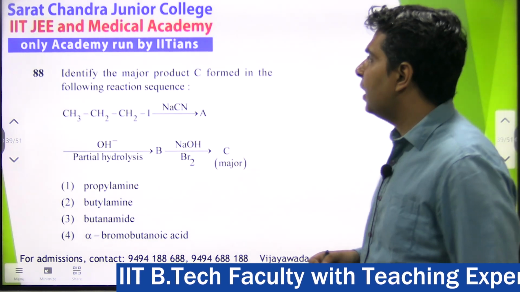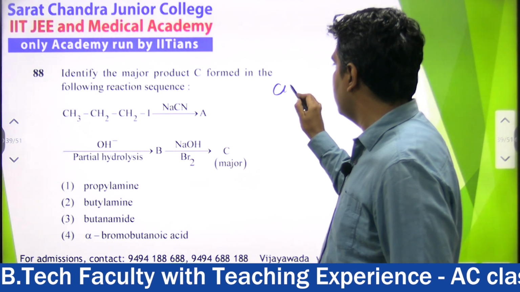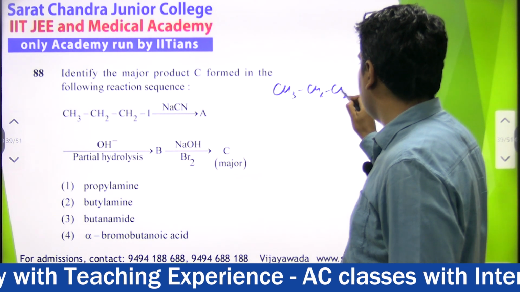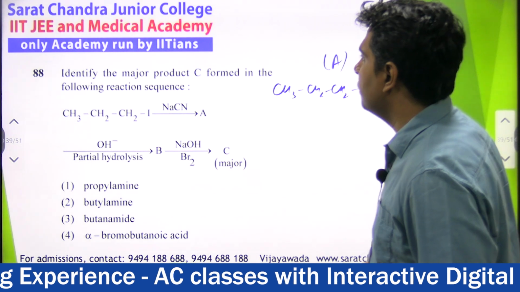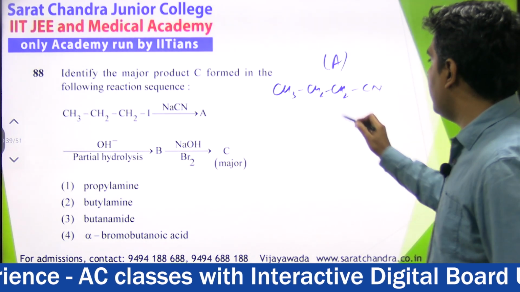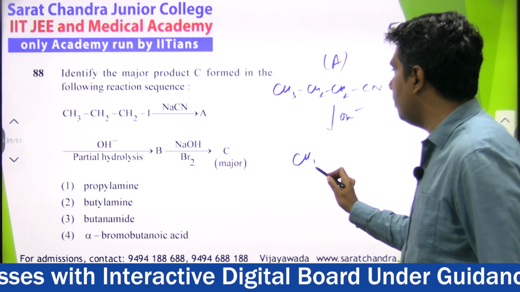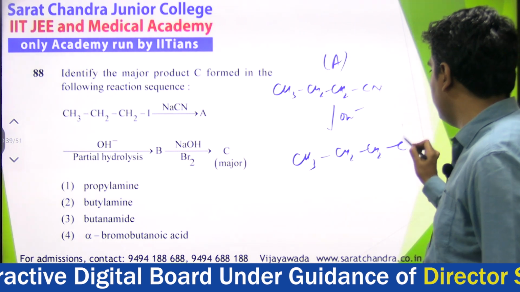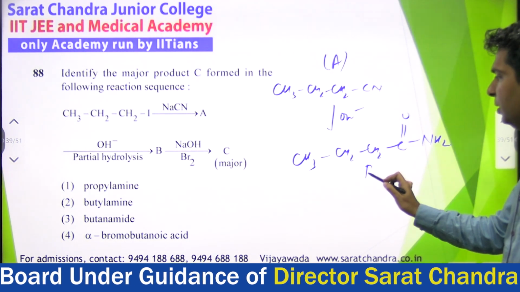Next question. Identify the major products. So alkyl iodide with NaCN. So what will be A? So this will be A. Now A undergoes partial hydrolysis. So what will be B? Cyanide on partial hydrolysis will give me amides. So amide will be formed. So this is B, amide.